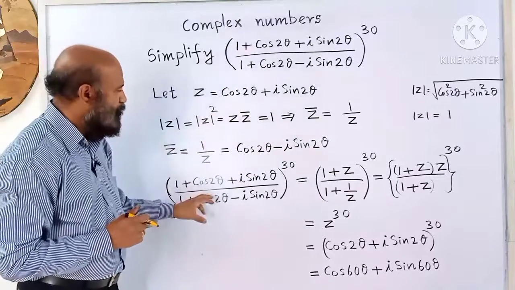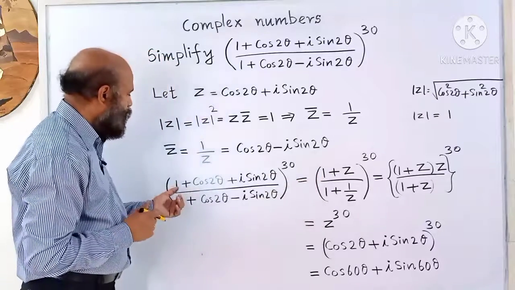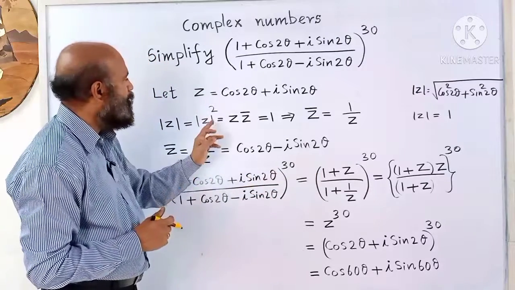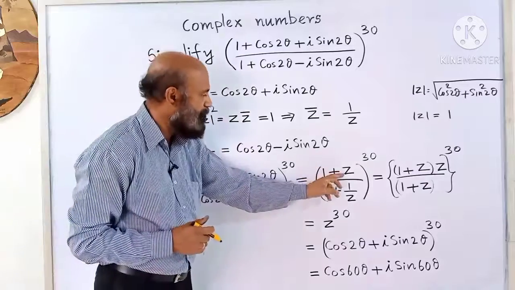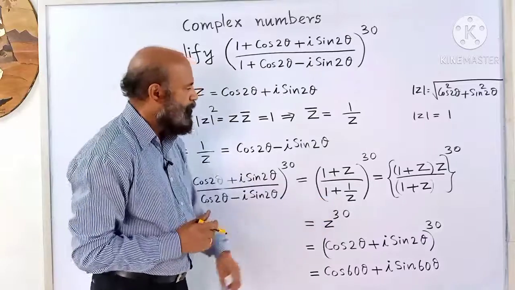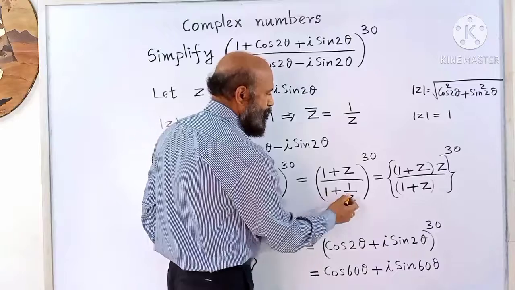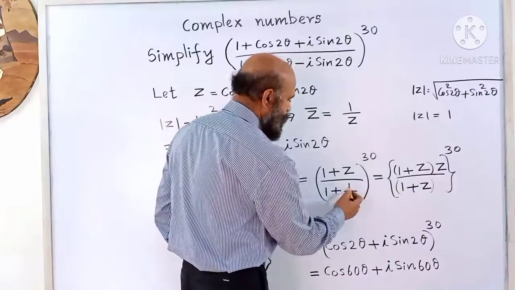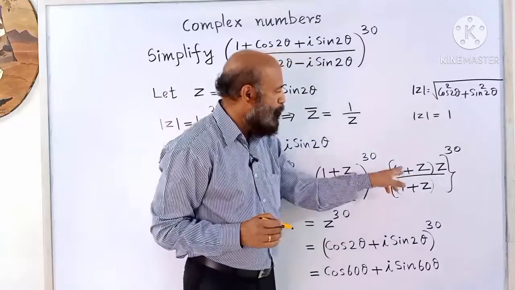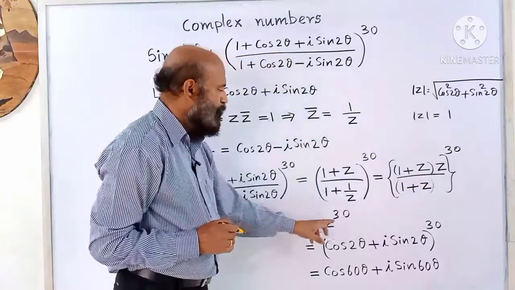Then for this we can write 1 plus z for 1 plus cos 2 theta plus i sin 2 theta, and for the denominator 1 plus 1 by z. Now 1 into z is z, so 1 plus 1 by z is (z plus 1) divided by z. So 1 plus z will get cancelled, and it will become z raised to 30.